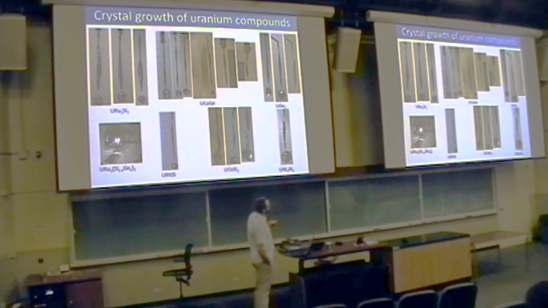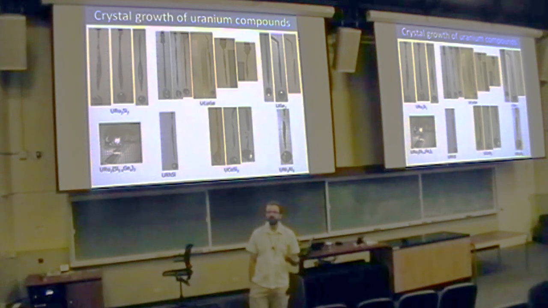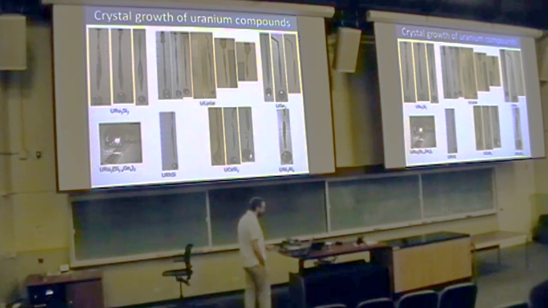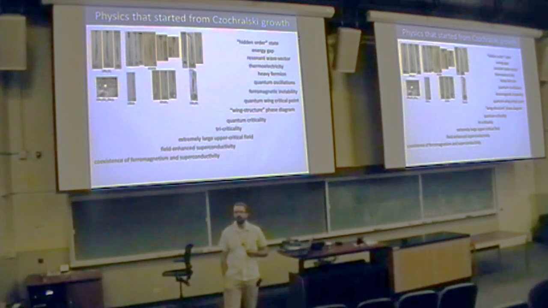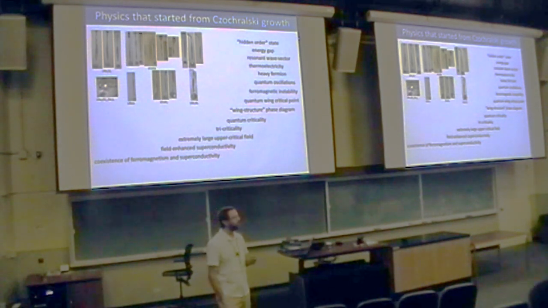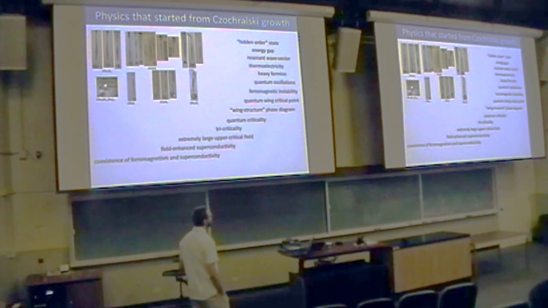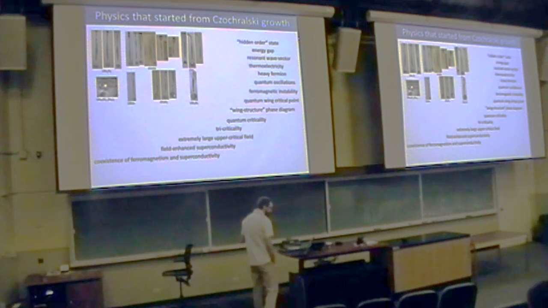There are compounds like uranium copper germanium or uranium germanium 2, where you have coexistence of ferromagnetism and superconductivity, and this is something very interesting to look at. Many of these things you can get access to as long as you get samples using this technique. Quantum criticality, again, very large upper critical field, thermoelectric materials, and so on.